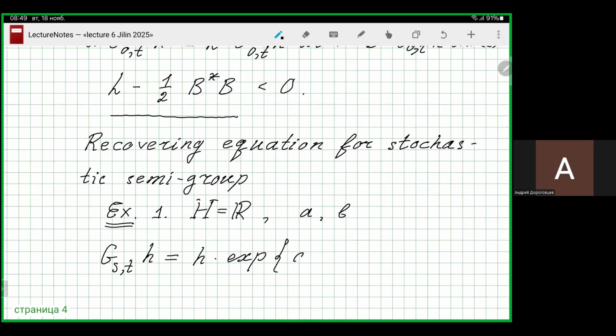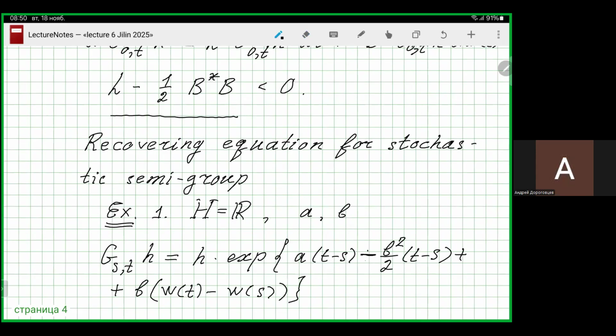Here we have A(t minus s) plus B squared over 2 (t minus s), excuse me, minus B squared over 2 (t minus s), and plus B(W_t minus W_s).